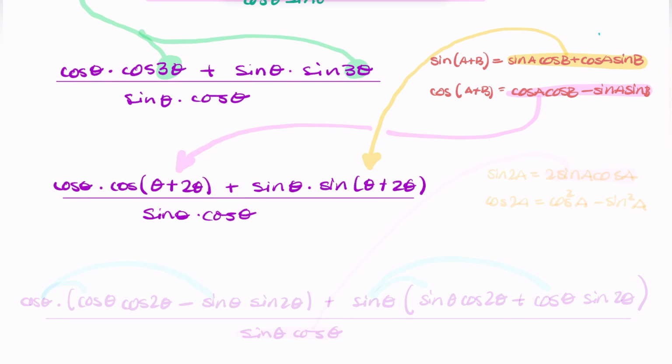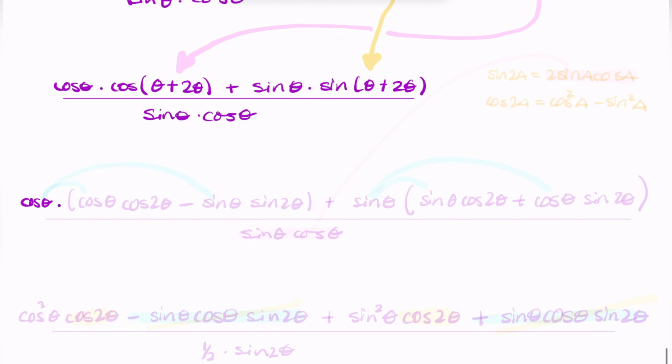So that will give us cosine theta multiplied by (cosine theta cosine 2 theta minus sine theta sine 2 theta) plus sine theta multiplied by (sine theta cosine 2 theta plus cosine theta sine 2 theta).